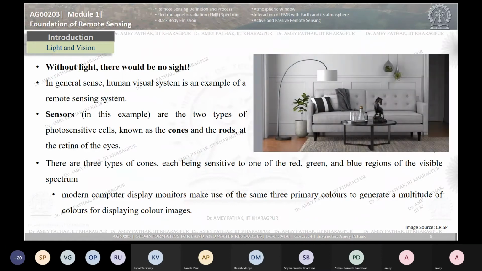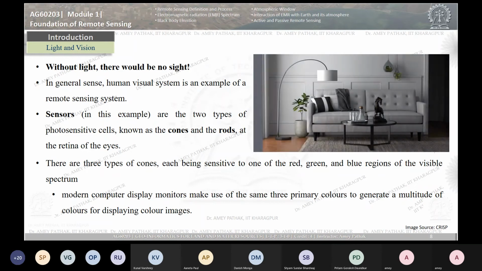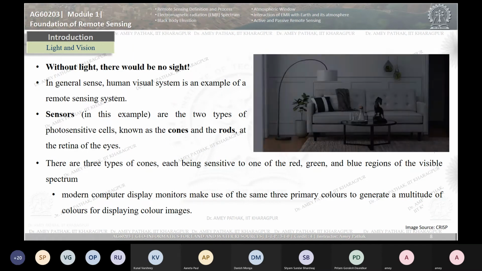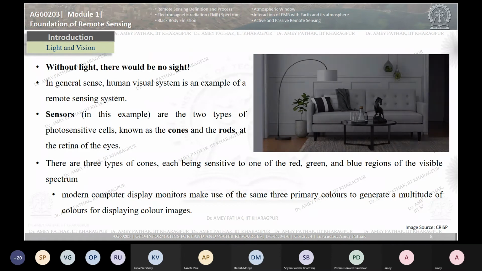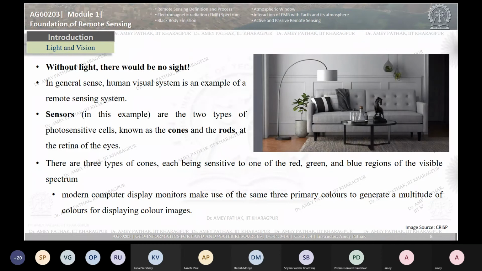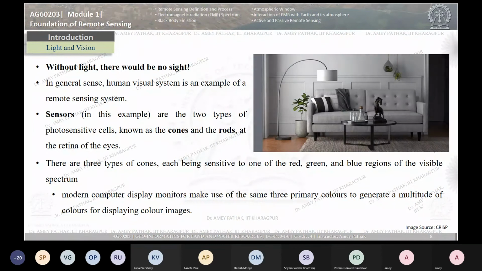So the movie that you are seeing in the theater has to be represented in shades of red, green, and blue. That is why many computer display monitors make use of these three primary colors to generate multiple colors for displaying color images. Is there any doubt now?